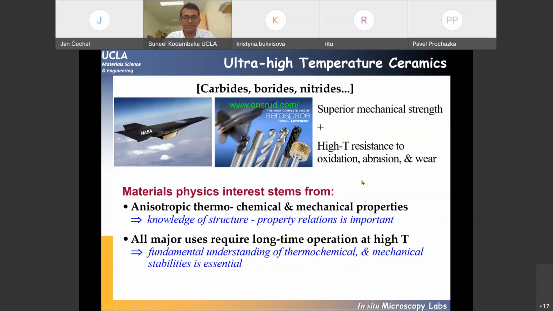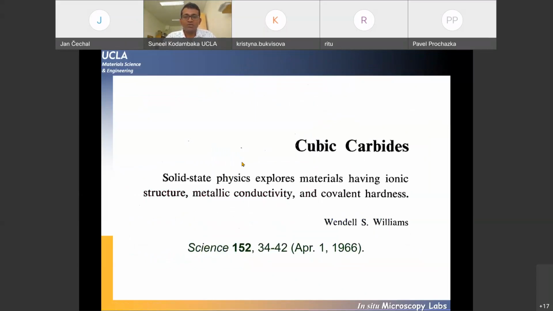refractory metals. And among these class of materials, cubic carbides have been found to be interesting because they have a mixture of metallic, ionic, and covalent bonding. And they behave like metals when it comes to electrical and thermal conductivities. And they behave like ceramics in terms of strength, hardness, and stiffness.